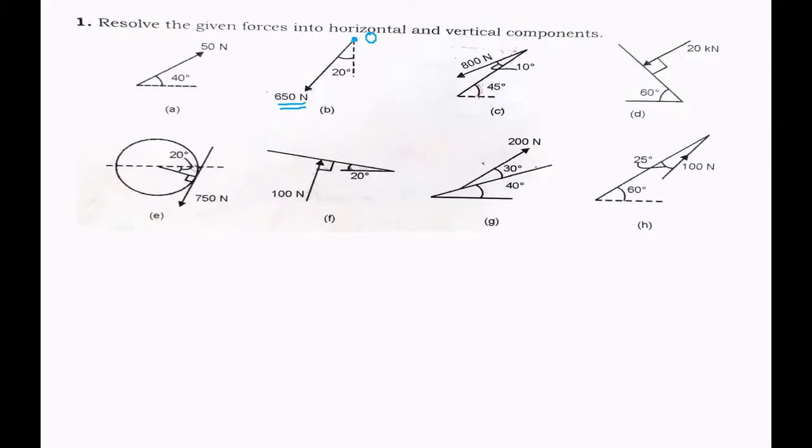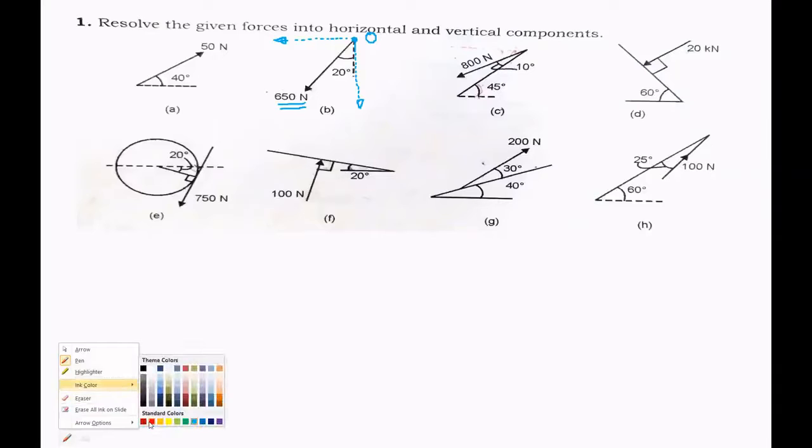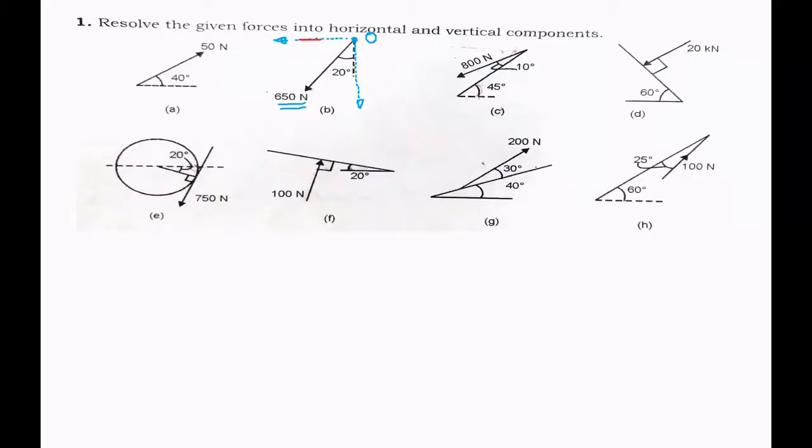Okay, so you can construct x-axis and y-axis by referring this point O. So draw x-axis here. And from this point, draw the vertical line. So this will be your y-axis. So this axis that we draw here is just for your reference. Okay. And now show the components. So this is your x component and this is the y component.